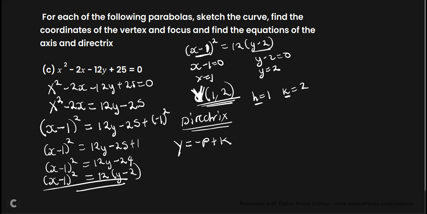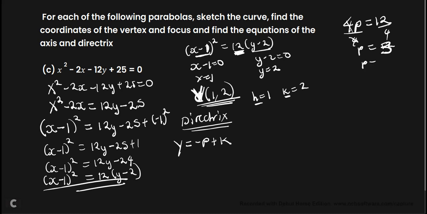Now the next thing we need to do is find the value of p. How do you find the value of p? For p, what is the coefficient? It is 12. So you say 12 over 4. We don't consider y − 2, we only consider the front number, which is 12. When you divide 12 by 4, your answer is 3.